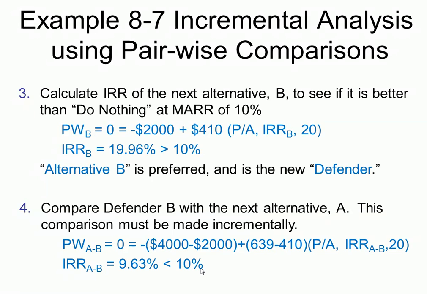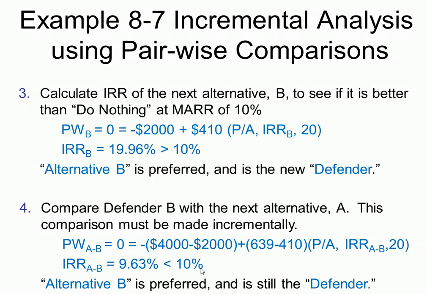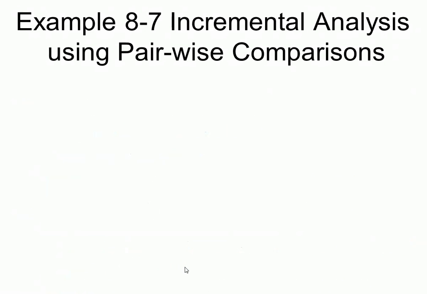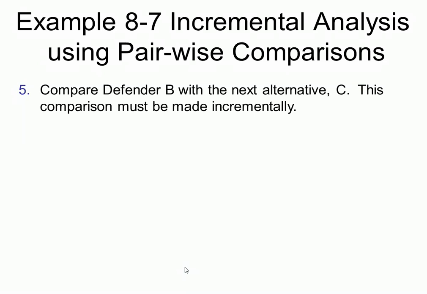It would have a smaller rate of return, and so we would be better off investing that money towards some other alternative. So alternative B is still preferred, it's still the defender because A failed to exceed this minimum attractive rate of return. And next one is to compare B with the next higher after A, which is alternative C.